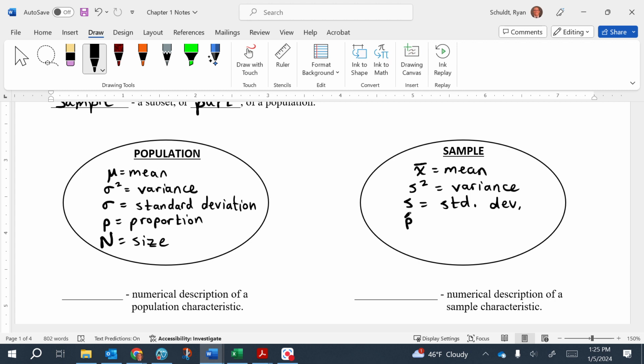P hat is our sample proportion. And then a lowercase n is our sample size.